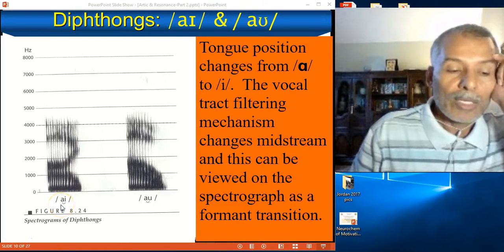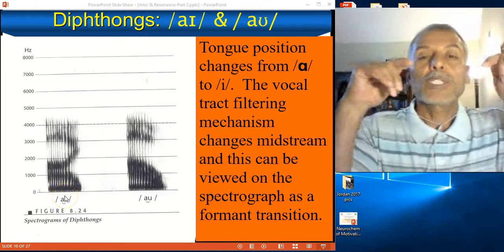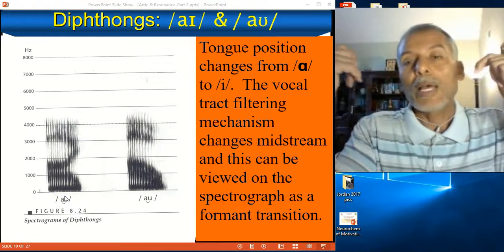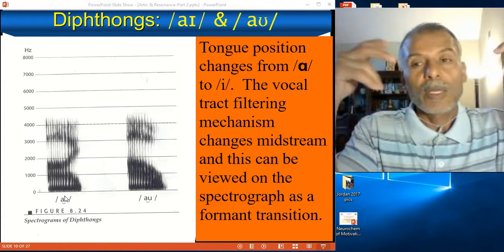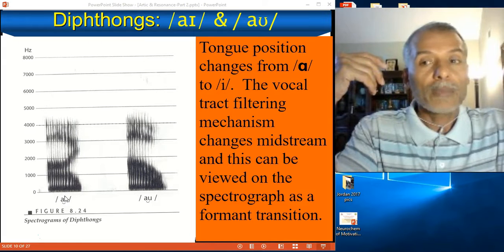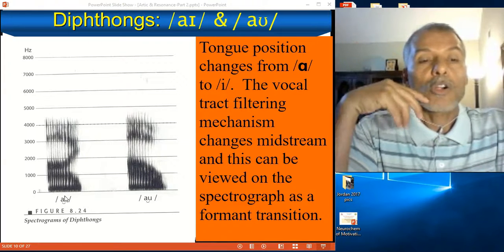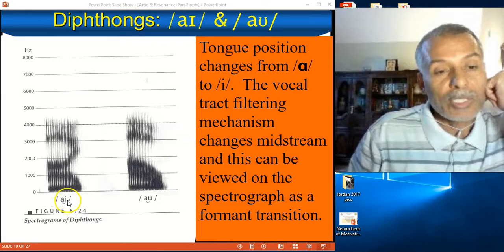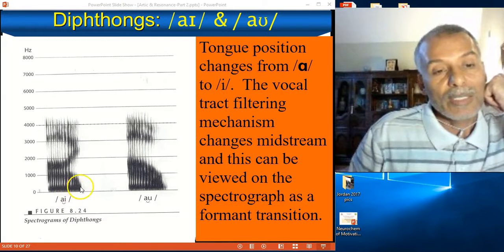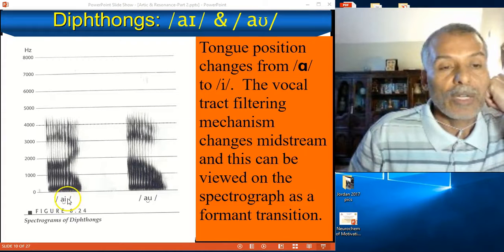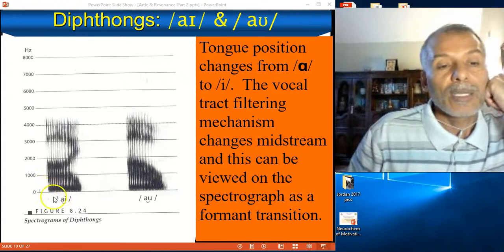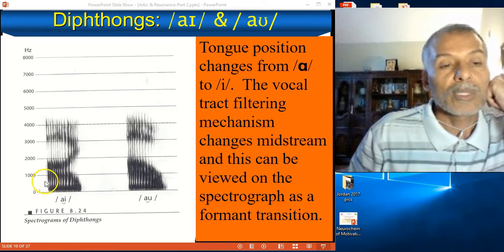However, you need to know that sounds are influenced by the sounds that come before them and by the sounds that come after them. In other words, they are affected by the environment in which they occur. So, for example, the I is a low frequency sound, about 300 or even a little bit lower. The other is 900 or so.